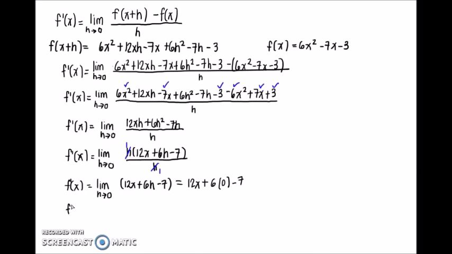And simplifying that will give us the derivative of f of x equals 12x minus 7. So this will be our final answer. So the derivative of 3x plus 1 times 2x minus 3 is 12x minus 7.